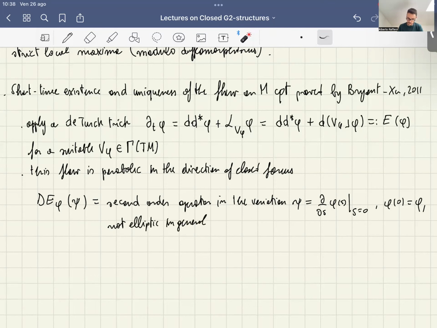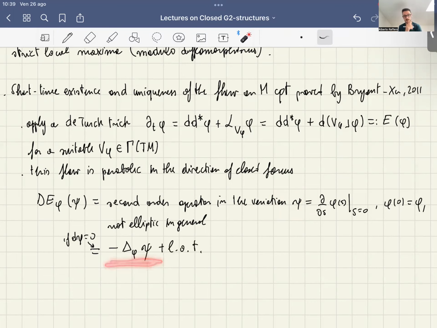So, in other words, if psi is any variation, you can compute explicitly this linearization, and you will see that you won't get anything elliptic. But if you restrict to variations that are closed, so if you restrict to closed three forms as variations, so if you focus on variations along closed forms, then here you will get minus the Hodge Laplacian of the variation plus some lower order terms.